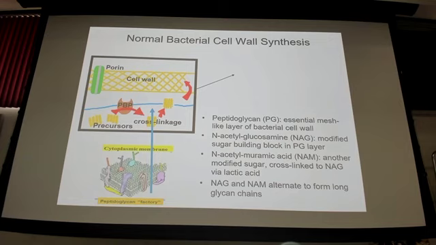A couple terms to be familiar with. I do abbreviate peptidoglycan a lot because it's a long word on a slide, just PG. But what we're talking about with the peptidoglycan layer are these cross linkages of these glycans, NAG and NAM, N-acetylglucosamine and N-acetylmuramic acid. And these glycans are linked together. Advance the slides so you can see.